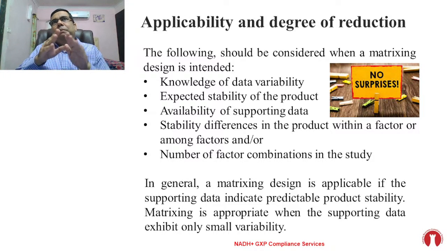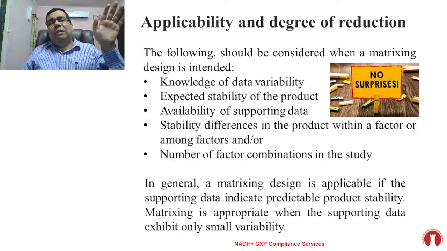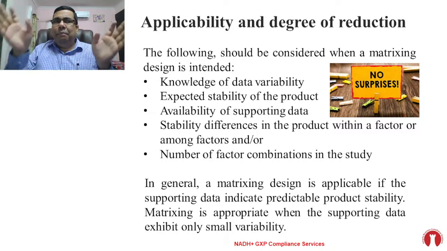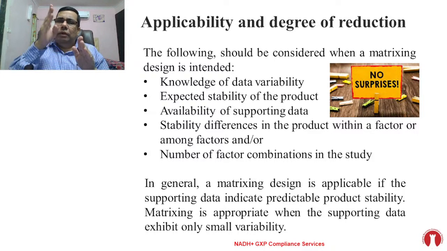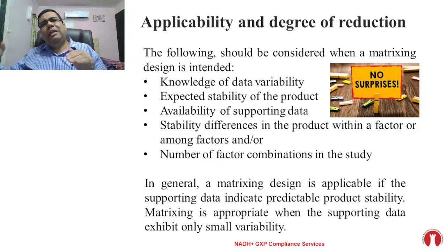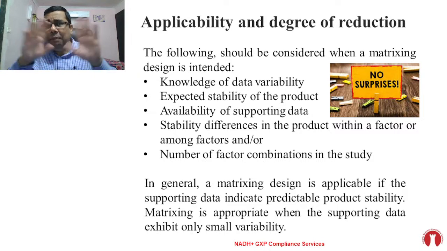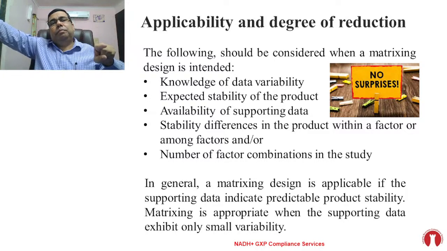Suppose I have had the stability study for so many years, and I know, for example, that assay at initial is 100%, then there is a slight reduction in the assay: 99.8, 99.7, then 99.5, then 99.0, then 98.5, and up to the end of the shelf life it will be, suppose, 97.5 or 97.8, like that. Example I'm telling you. So it is predictable.